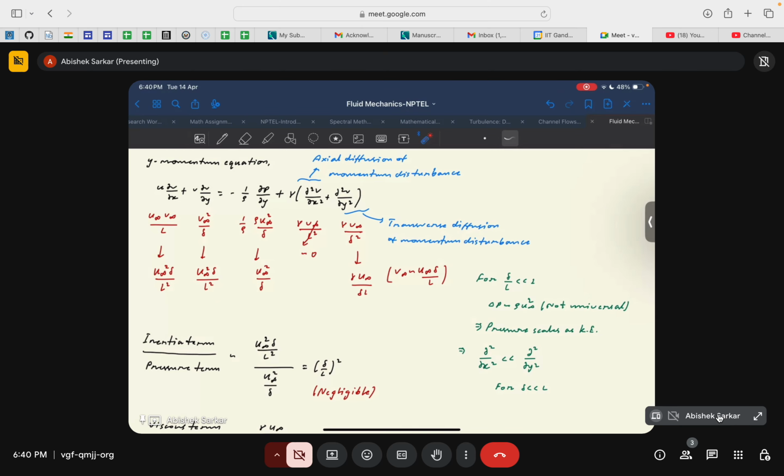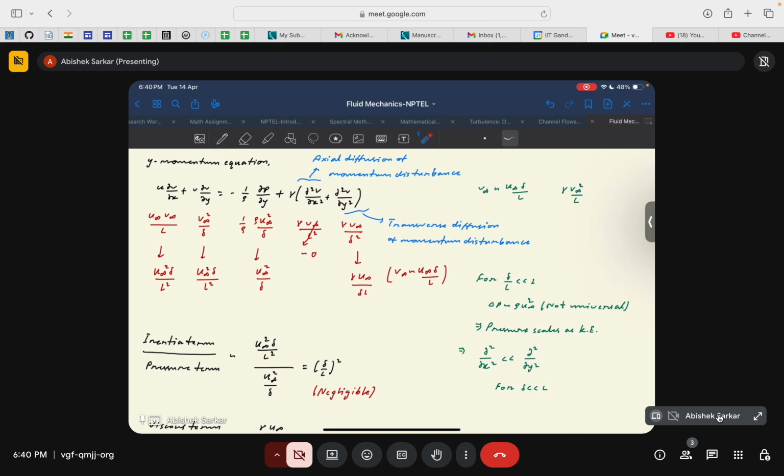Because we already know that v infinity scales as u infinity times delta by L. So the contribution of this term, that is v infinity square by L, clearly seems very small compared to all the other terms.